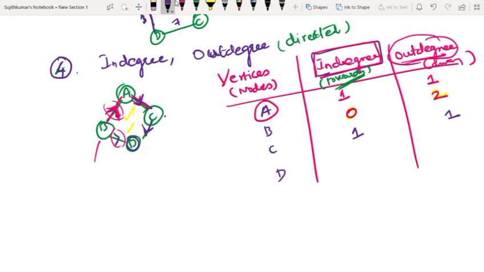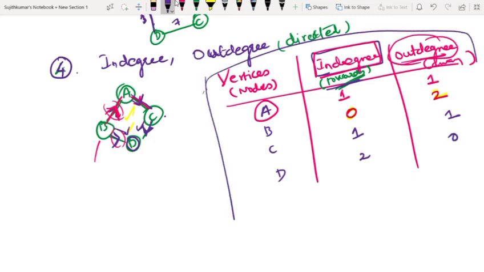For D, both are coming inside towards D, nothing is going outside. So in degree is 2, out degree is 0 for D. That's how in degree and out degree work.